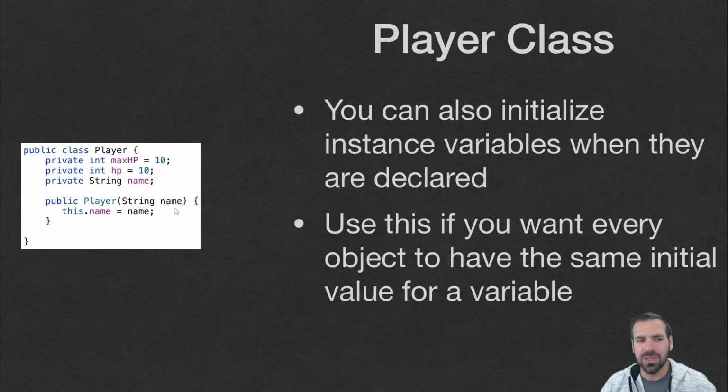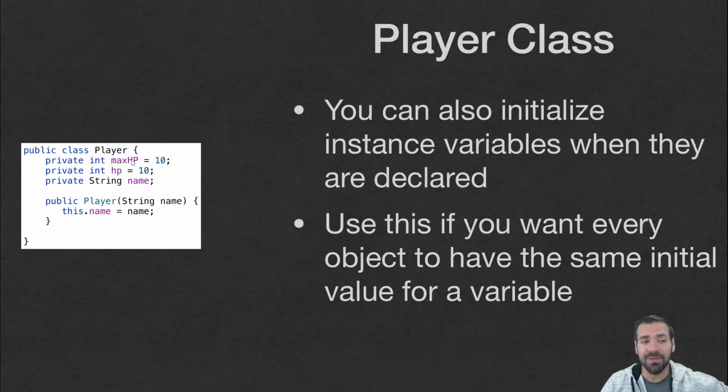Any instance variable that you want to initialize to a different value on a per object basis, you're going to want to initialize in the constructor and let whoever's calling the constructor specify the initial value for that instance variable through a constructor parameter.